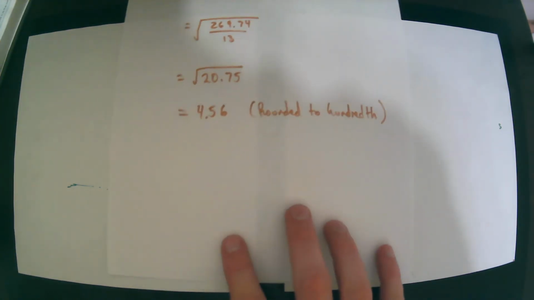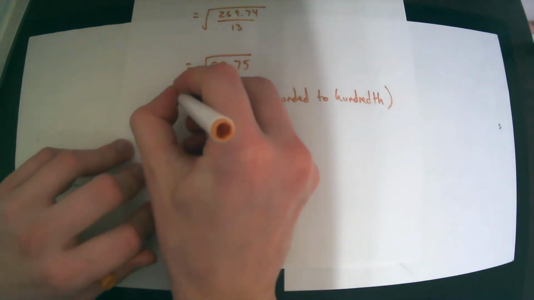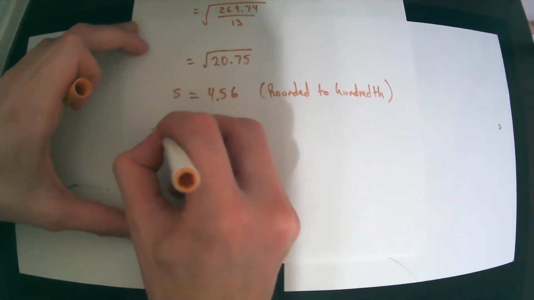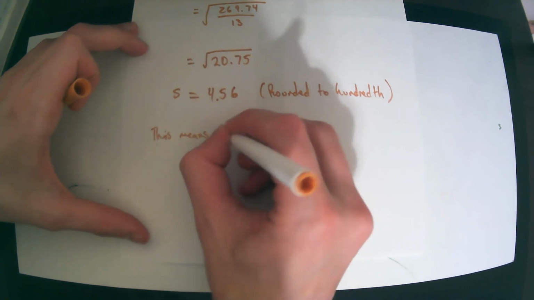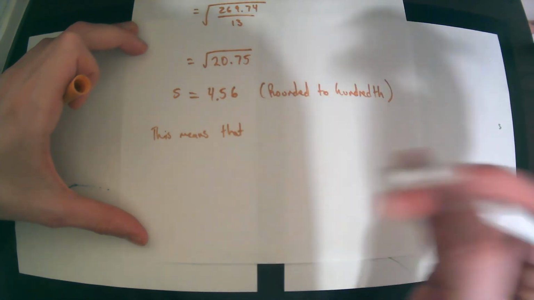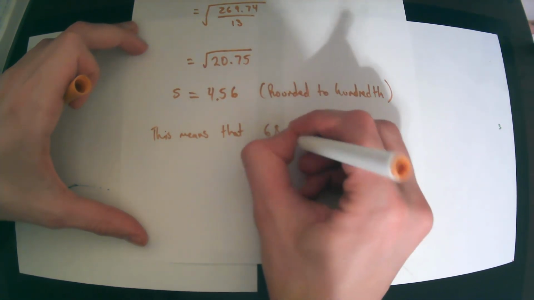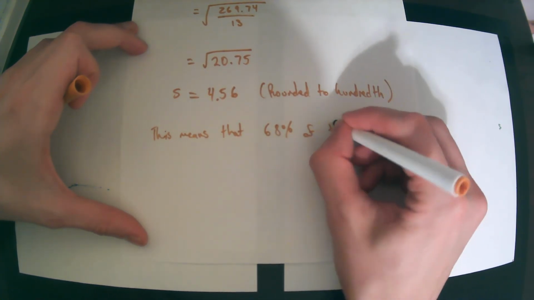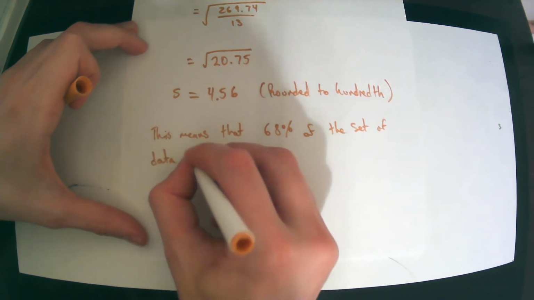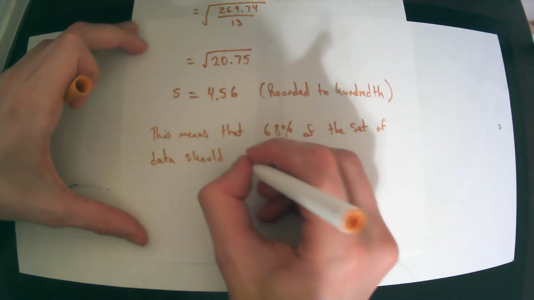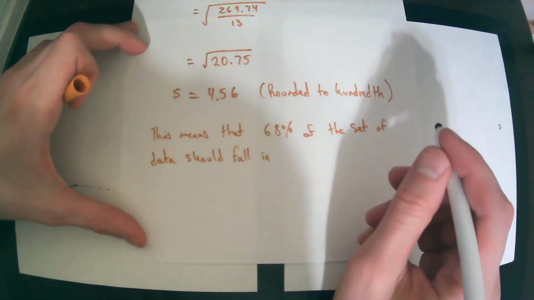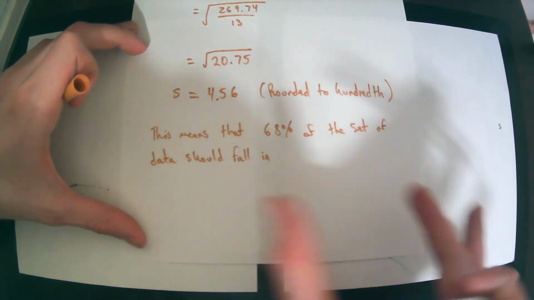Okay, so let's talk about what this means. What does it mean that s, the standard deviation, is equal to this? It means that roughly 68% of the data, if it's a nicely behaved data set, should fall within one standard deviation around the mean.